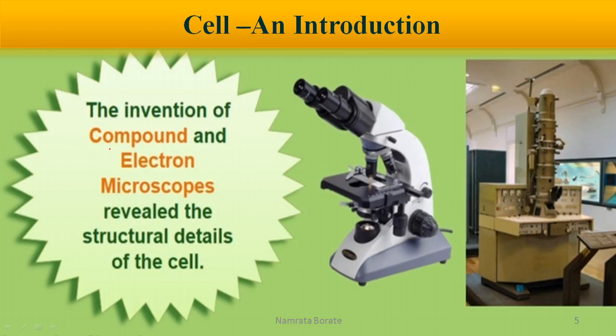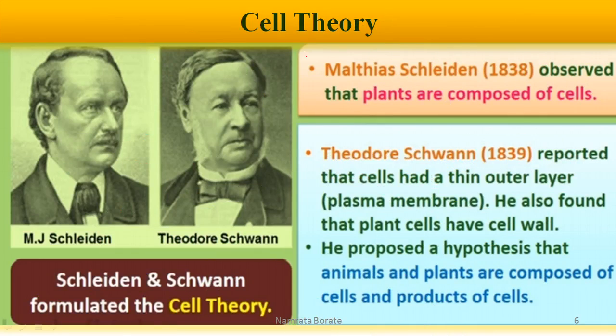The invention of compound and electron microscope revealed the structural detail of the cell. Schleiden proposed that the plants are composed of cells. So, Schleiden and Schwann proposed the cell theory. What's a cell theory?